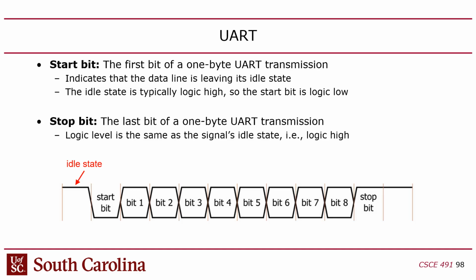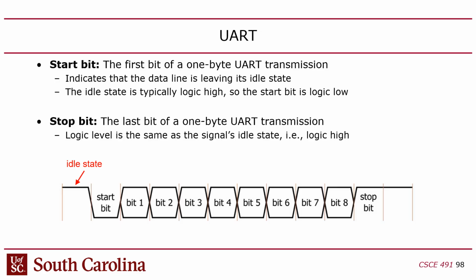So in UART, the channel is held at logic 1 normally when it's idle. And then when you want to transmit data, you pull it down to 0 for 1 cycle. Now, what is a cycle? If there's no clock, how could you possibly know what a cycle is?